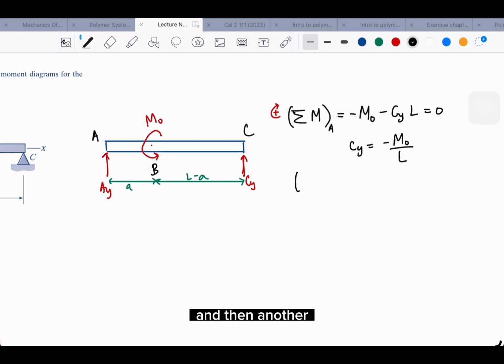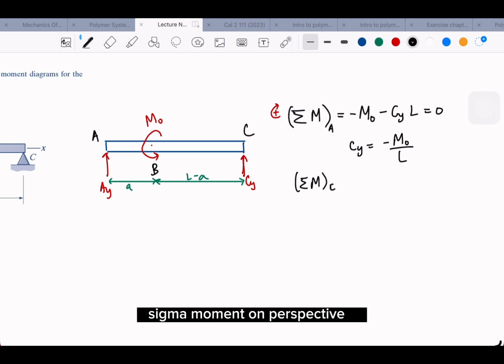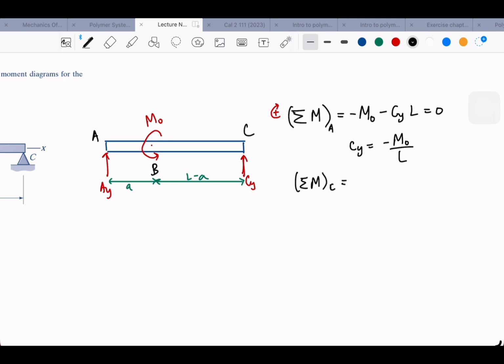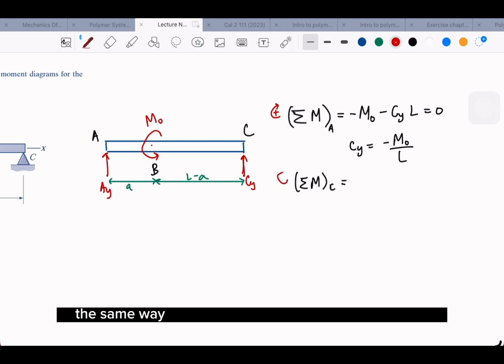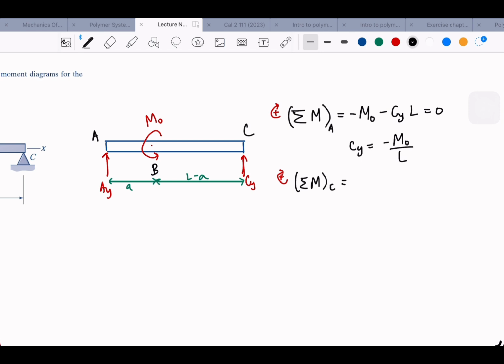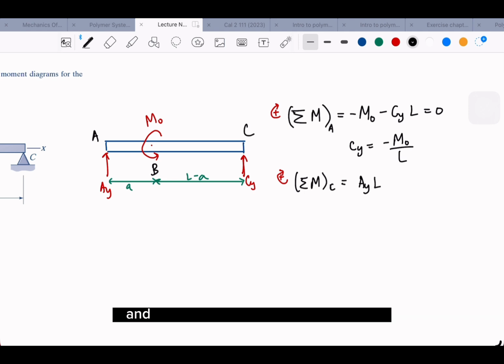And then another sigma moment about point C, in the same way, taking clockwise as positive. So AY multiplied by L, right? And then minus M0 is equal to 0.